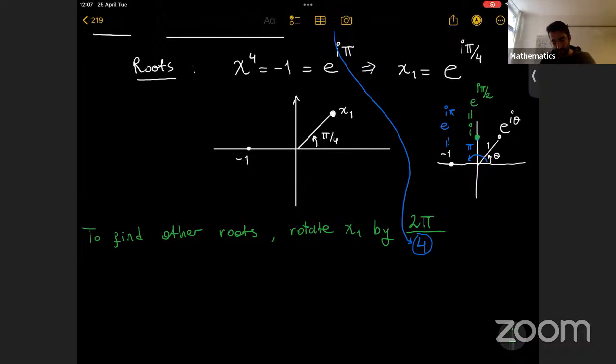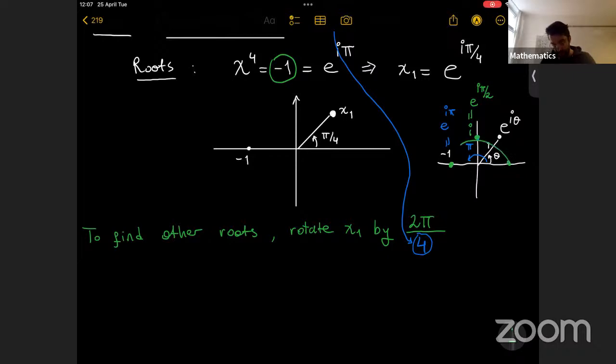Well, this is -1, right? It's on the real axis, on the left-hand side, it's -1. So what is the angle of -1? The angle of -1 is pi. So you look at the angle from 0, right? So you always start from here and look at the angle.